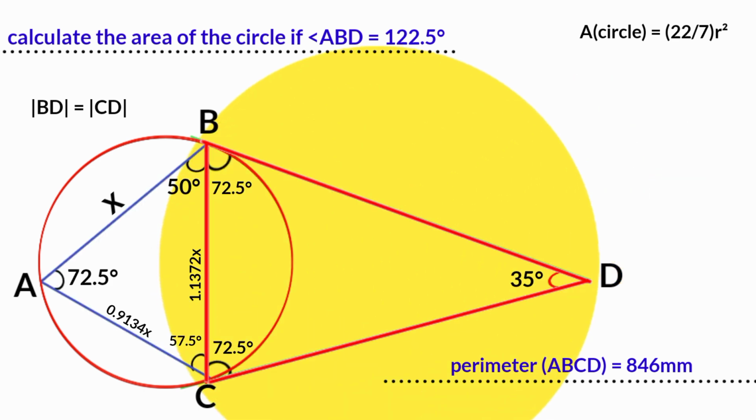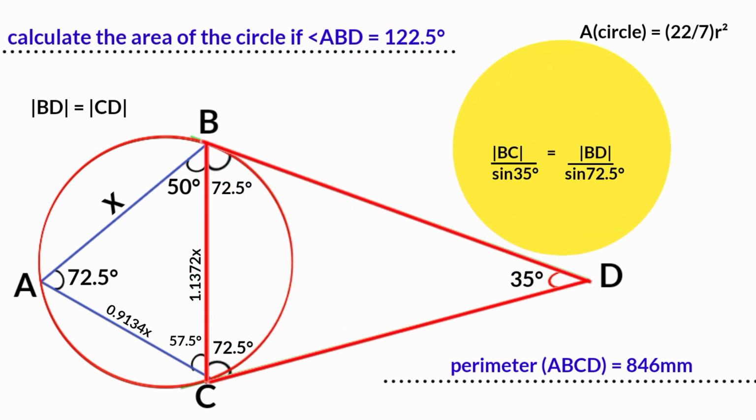Now coming back here, if we apply the sine rule for this and this, line BC over sine 35 degrees equal to line BD over sine 72.5 degrees. If we also make line BD the subject, line BD equal to line BC over sine 35 degrees all multiplied by sine 72.5 degrees. But recall, line BC equal to 1.1372x.